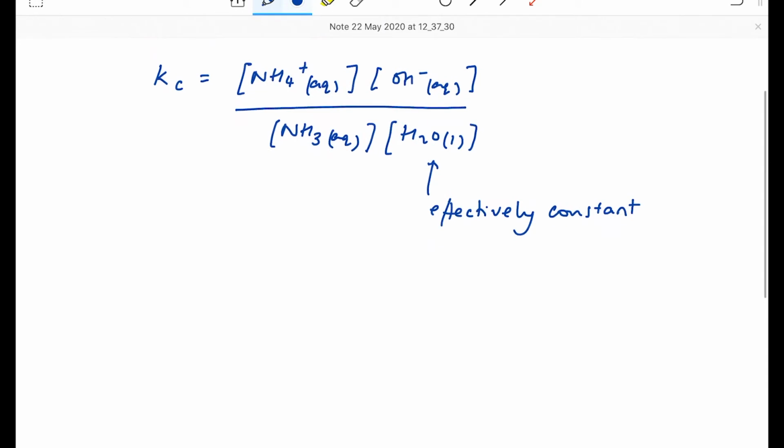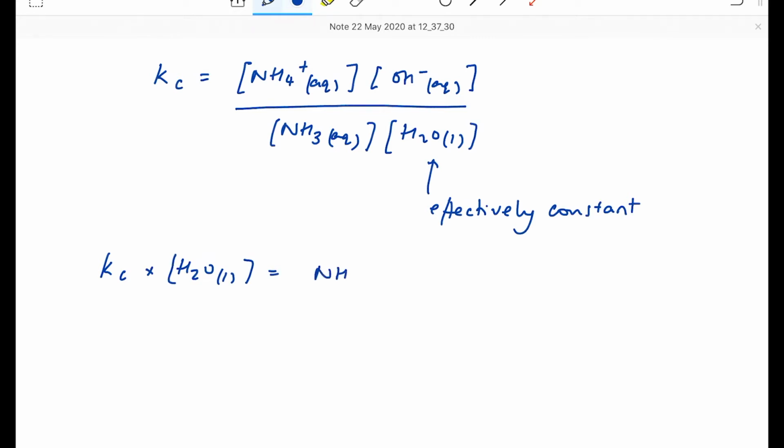So if I rearrange this expression so that both constants are on the left-hand side, Kc times the concentration of water is equal to the concentration of the ammonium ion times the hydroxide ion, divided by the concentration of ammonia.